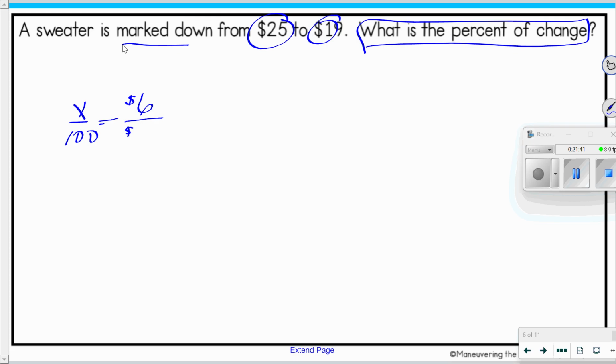Where did it start at? 25. Is it easy to go from 25 to 100? Yeah. So do I have to cross multiply? No. Would I get the wrong answer if I cross multiply? No. Not unless you make a math error, but you're taking a lot more steps. This one's a really easy one, right? So it is a 24% decrease.